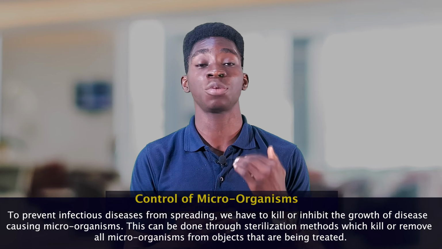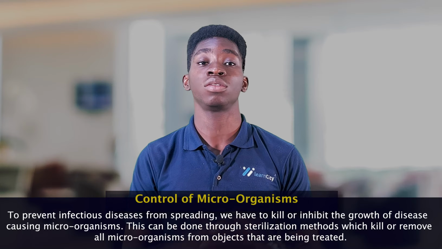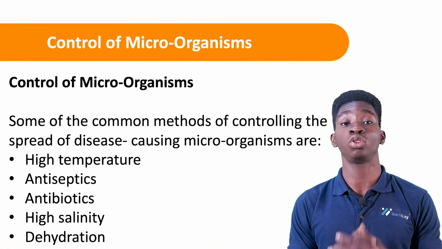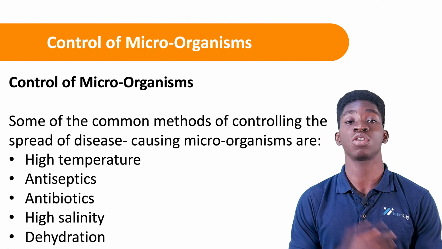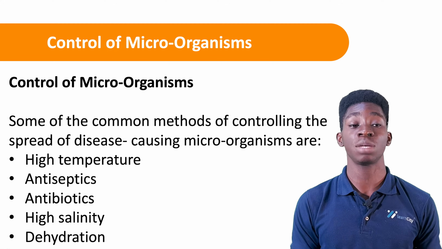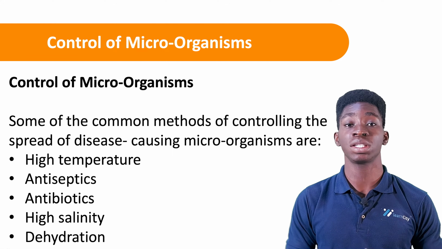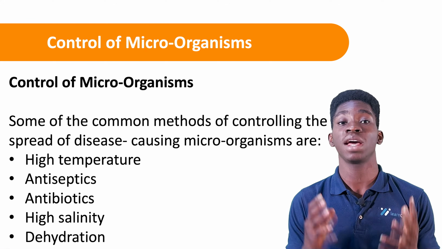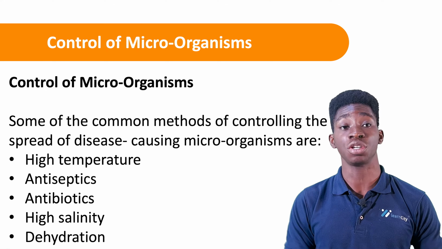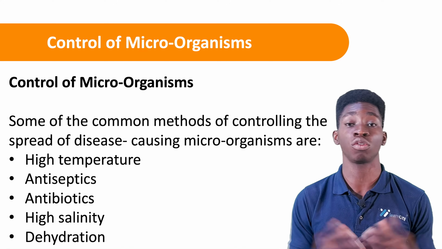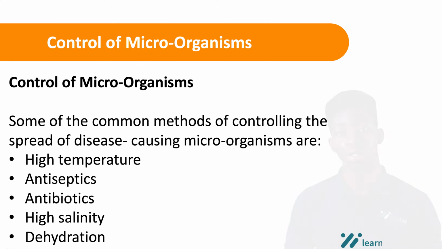So this helps to reduce the total number of microorganisms we have or to inhibit their growth. So we have several methods of controlling the spread of disease-causing microorganisms. We have high temperature, antiseptics, antibiotics, high salinity, and dehydration. So I want to talk about these various methods of controlling microorganisms.